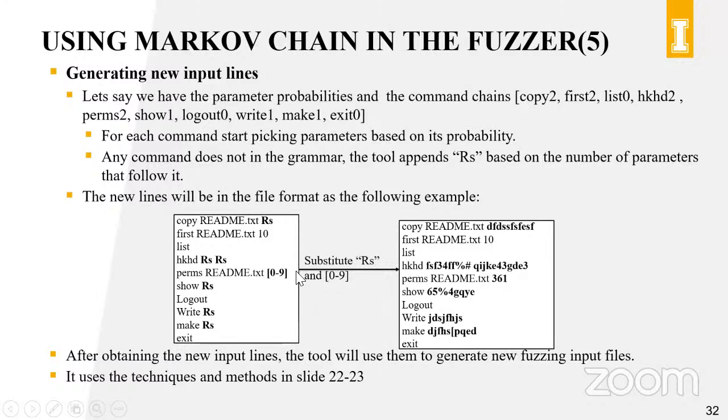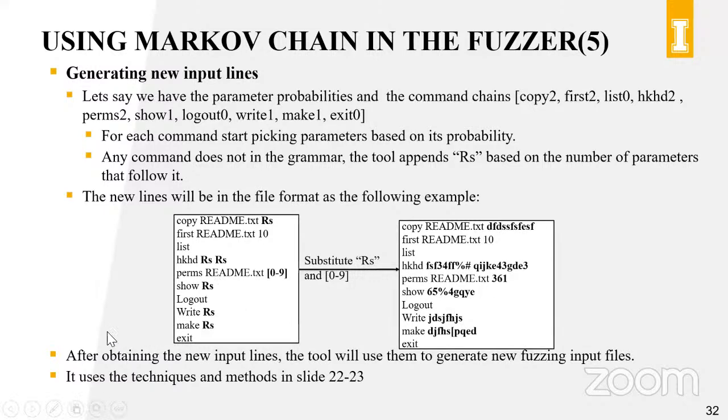After that, we substitute and replace RS with the random string. RS means random string. So RS is changed here to random string. So if we have any RS, it is going to be replaced with a random string of random length.